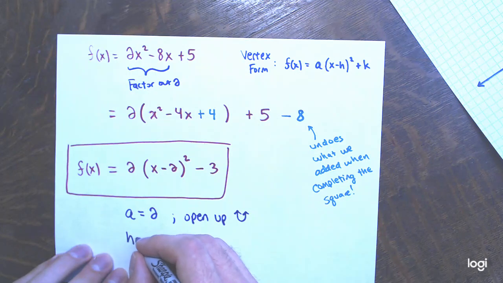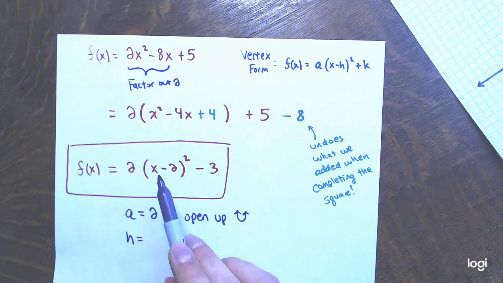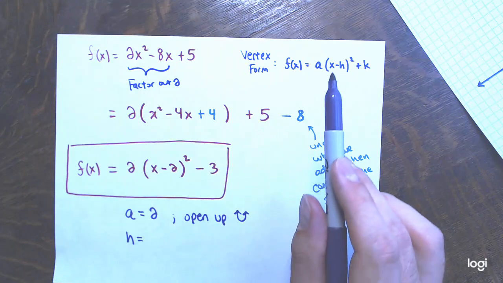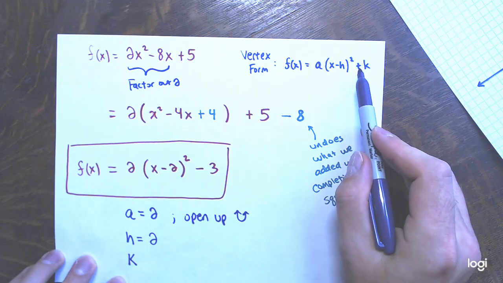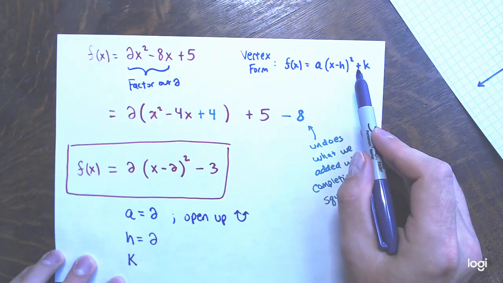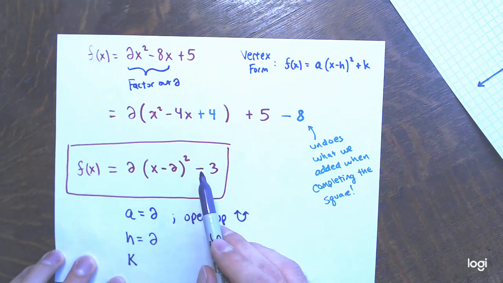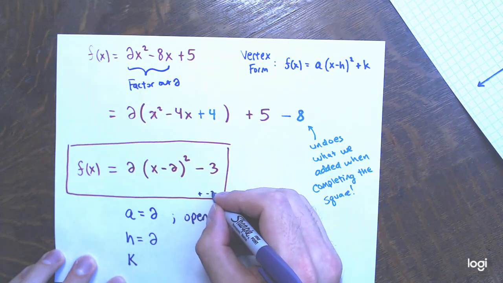The h, remember this is the quantity x minus h squared. So x minus, well this is already minus, so x minus 2, the 2 is the h. And the k, remember the form, it's plus k. This is not a plus, but remember, when you subtract 3, that's the same thing as plus negative 3.